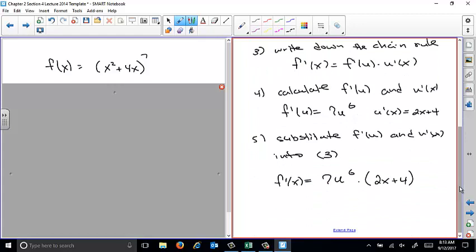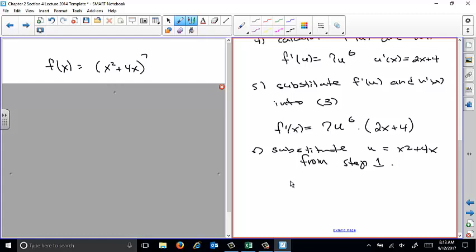So the next step is substitute u equals x squared plus 4x from step 1. So then that becomes f prime of x equals 7 times x squared plus 4x to the 6th power times 2x plus 4.